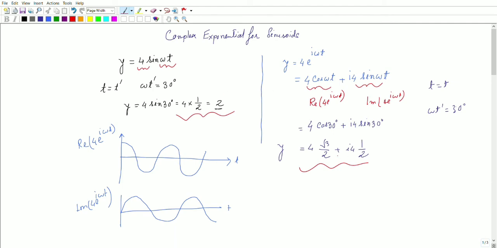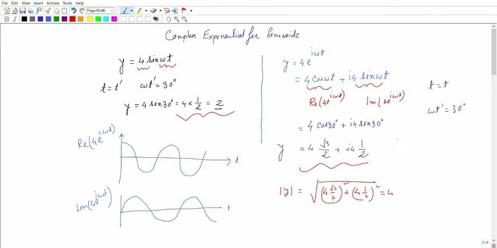But here in this form, we can obtain the amplitude of this complex number. How? The square root of 4 root 3 by 2 whole square plus 4 into half whole square gives 4. Similarly we can obtain the phase of this complex number.